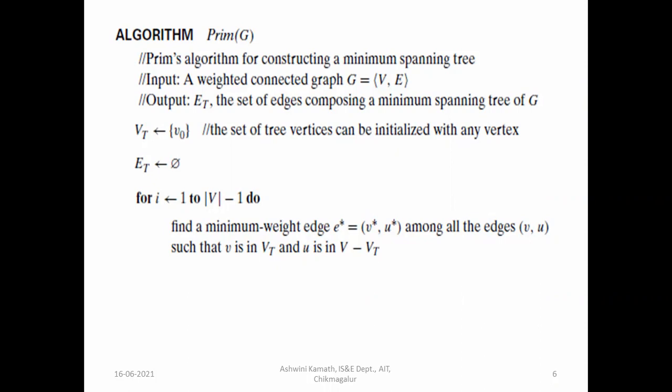Such that small v must be present in the spanning tree, and U is still in the graph. It is not added to the spanning tree.